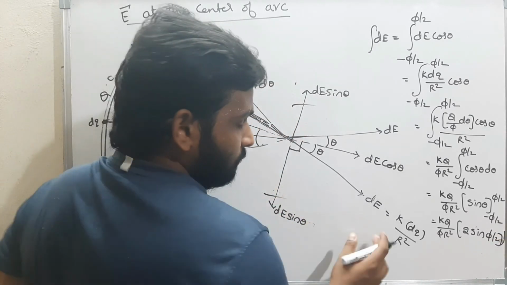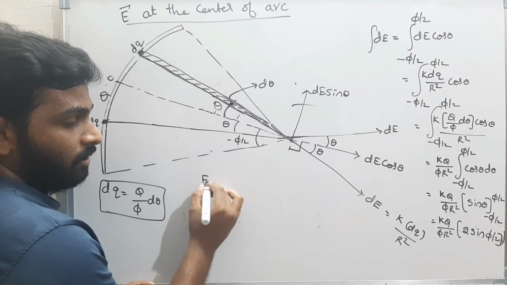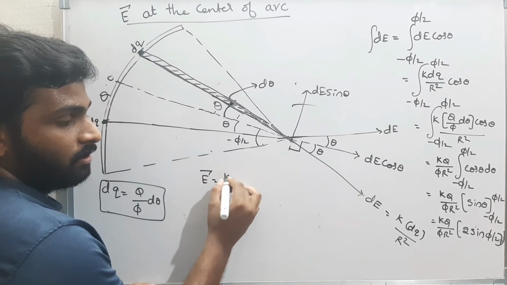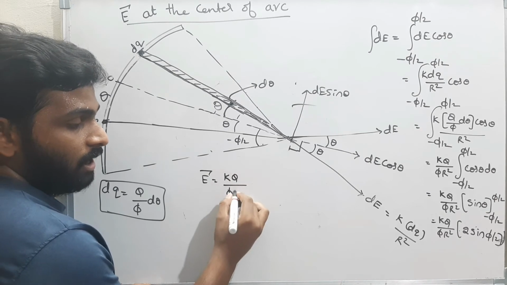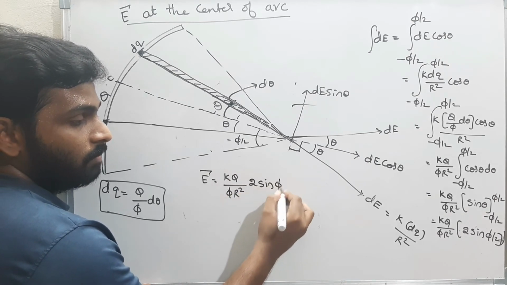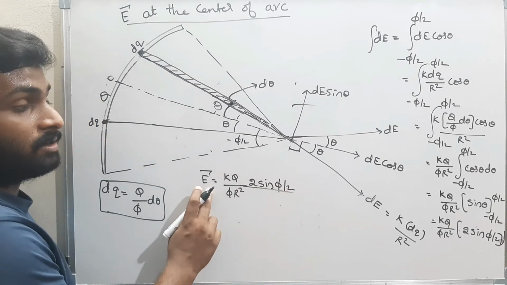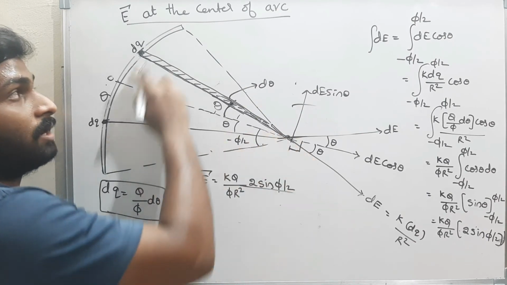Therefore, the total electric field E at the center is k q by phi r square into 2 sin phi by 2. That is the electric field intensity at the center due to this arc.